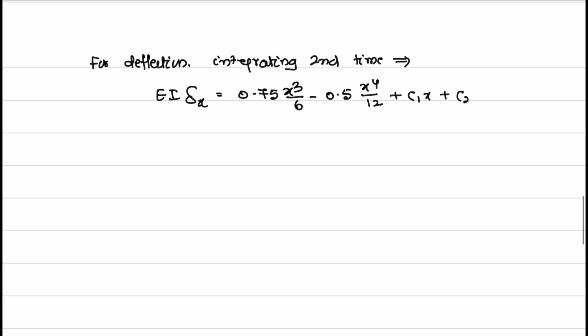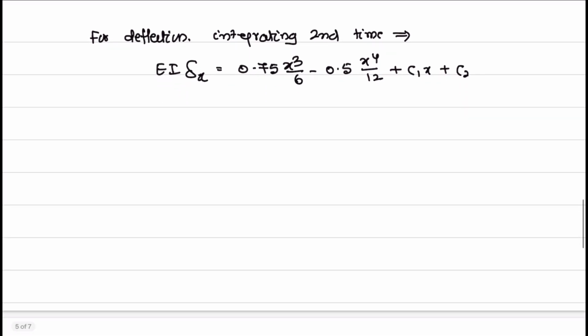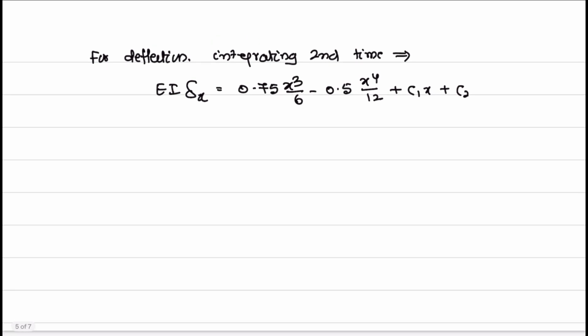This is for the slope and this is for the deflection. Now, what are the boundary conditions? Applying boundary conditions, we apply them to the equation we got. What is the first boundary condition?